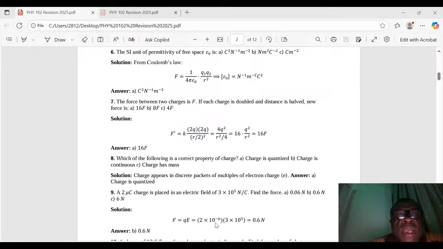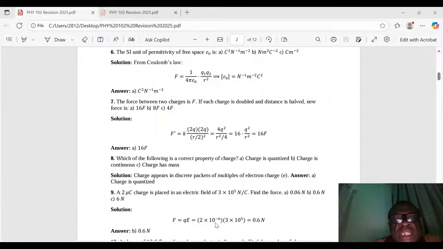By the time we make permittivity the subject of the formula, we now have A as the correct answer. So you can see the solution is there.